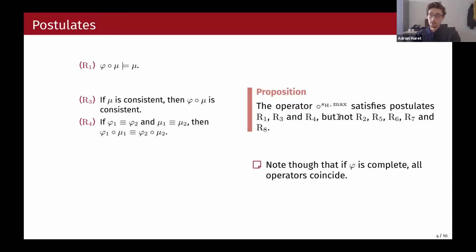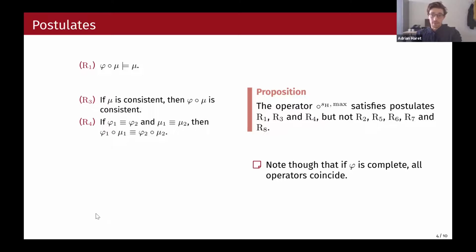And if you look at the new relative surprise operator, the postulates that it satisfies are even fewer of the 6 classic Katsuno-Mendelzon ones. It doesn't satisfy 2, and it also doesn't satisfy 5 and 6. These are the ones where you add new information about which to revise.